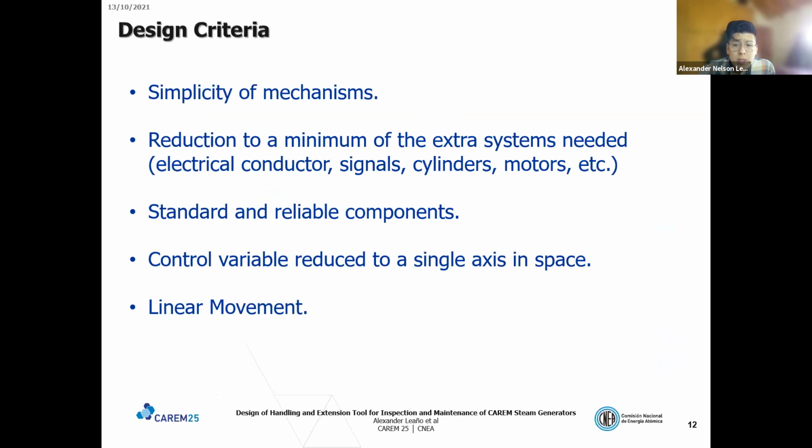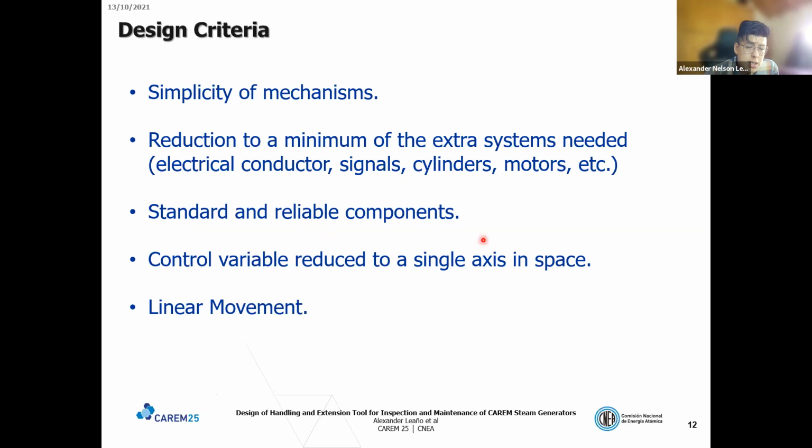When selecting which mechanism type to use for the increased range robots, the following criteria were taken into account: the simplicity of the mechanism, the reduction to a minimum of extra systems needed, such as electric conductors, signals, cylinders, motors, standard and reliable components, and control variables reduced to a single axis in space.